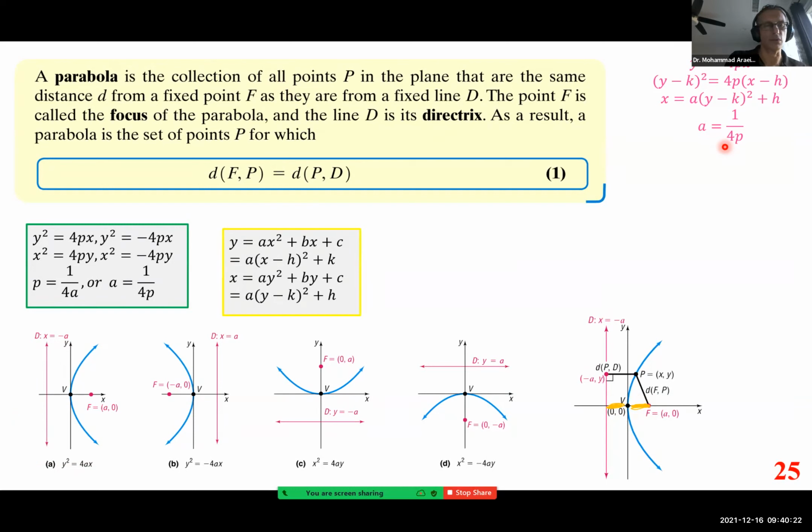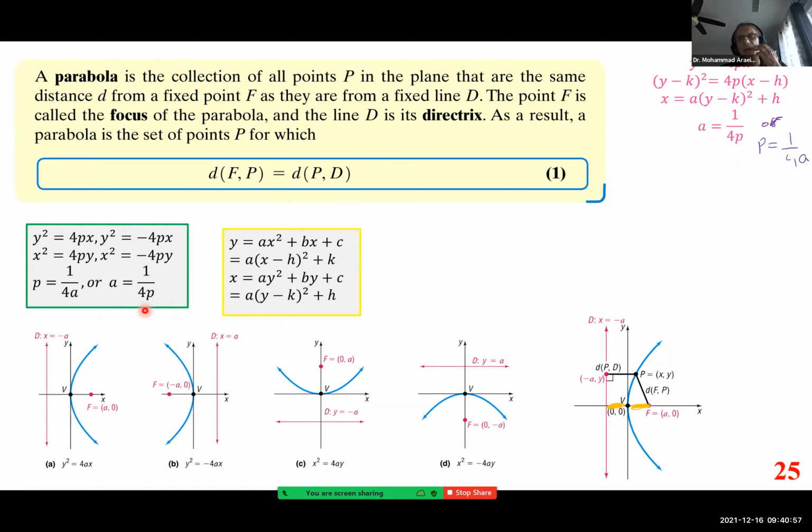Let me just write that also, because that might be handy. And if you're comfortable with this, stick with that. If you finish the job looking like that, and somebody says, okay, what is the focal distance? Remember, P is 1 over 4A. That's a relationship. That's all you need to remember.